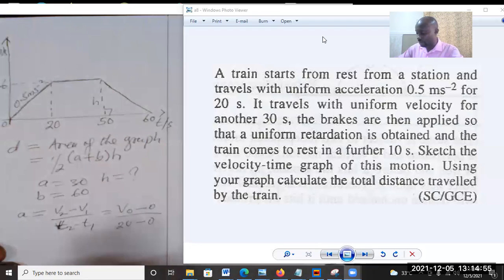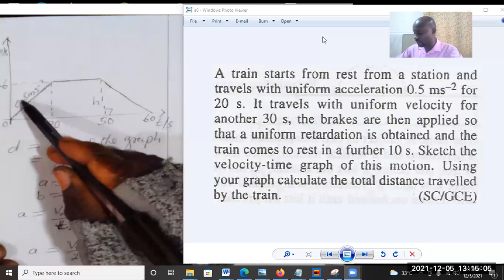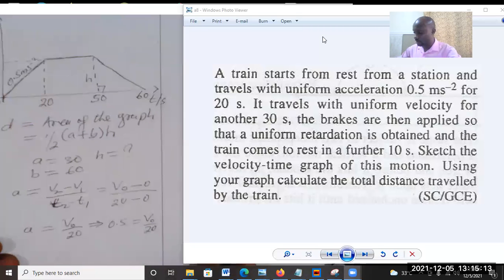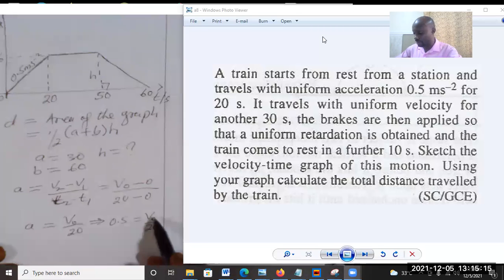We end up having A equals V naught all over 20. And remember that our A was given as 0.5. So 0.5 is equal to V over 20. We make V the subject of the formula as 0.5 times 20. We end up having 10 meters per second.